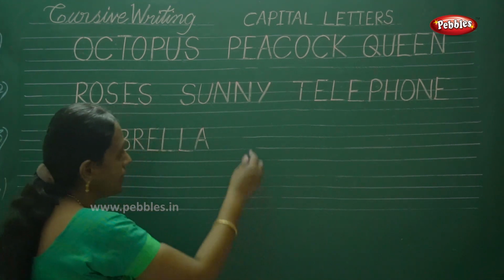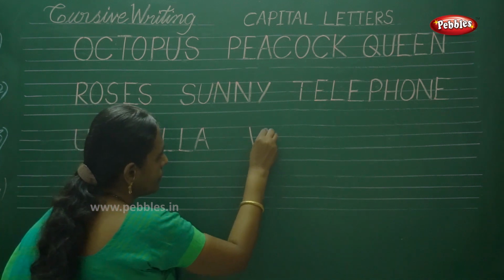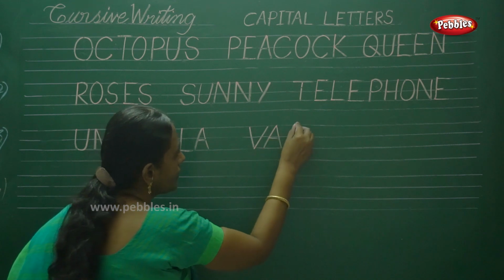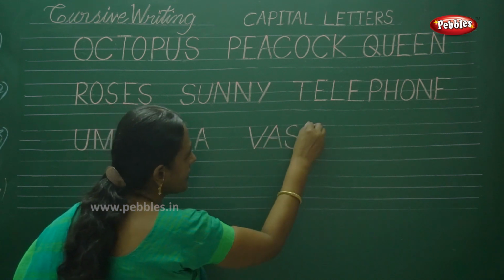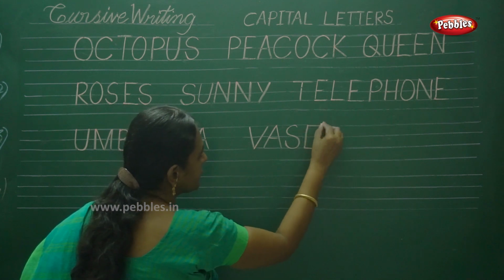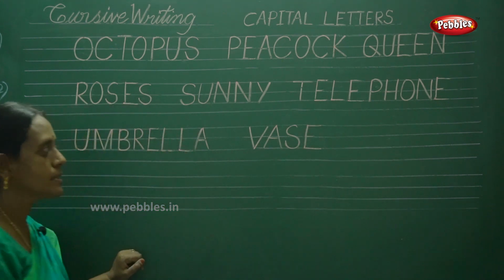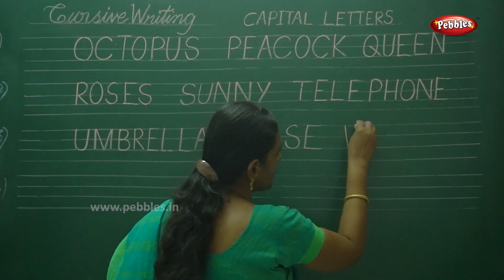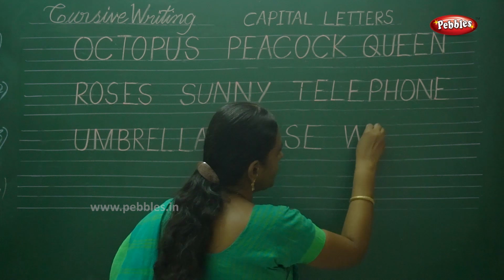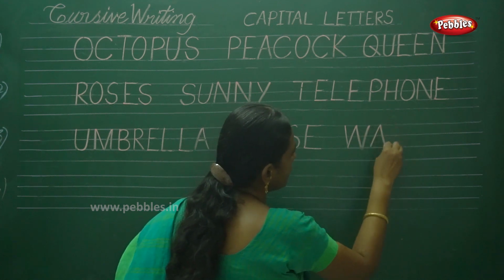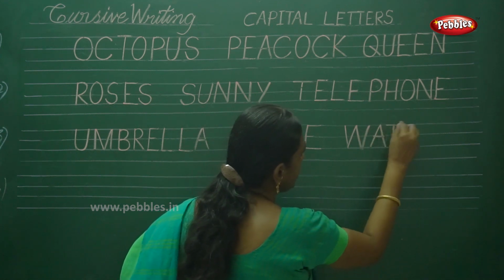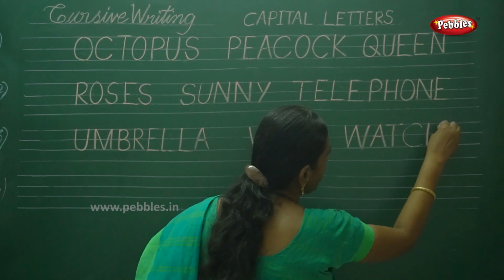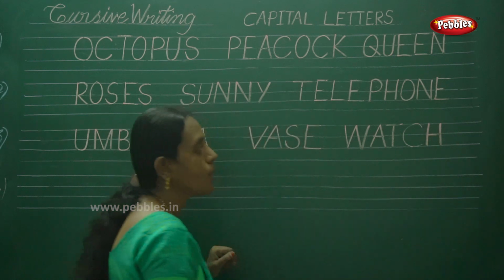Then V, vase, V, A, S and E. Okay, vase. Next one is W, watch, W, A and T, C and H, watch.